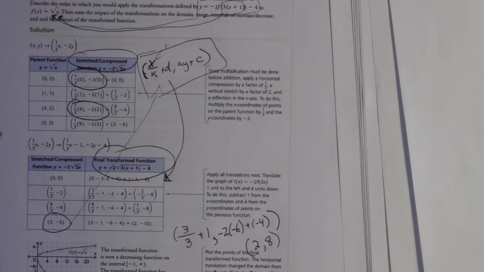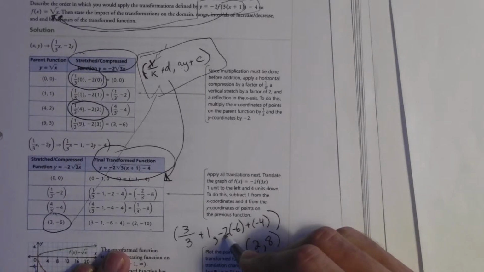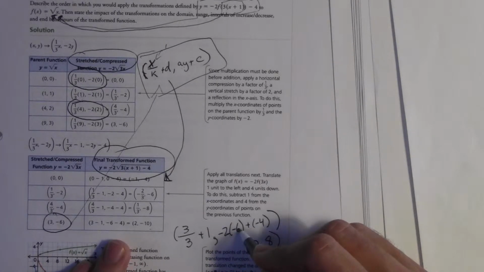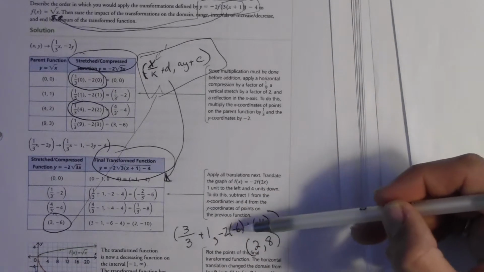Somebody see where I may have gone wrong? It should be -8 if anything. Sorry, no, -2 times... oh no, that's 8, yeah, fine. Something's wrong though. Definitely wrong here.